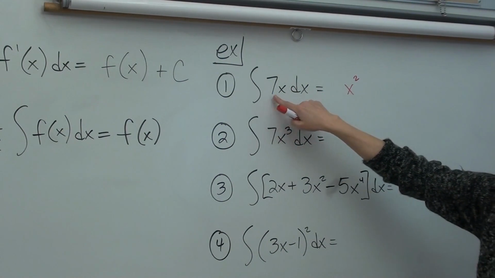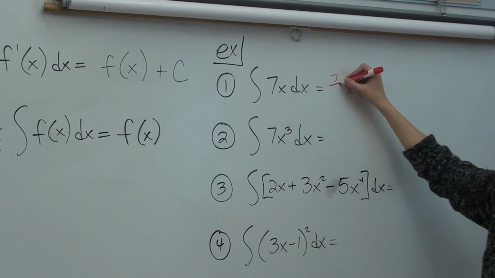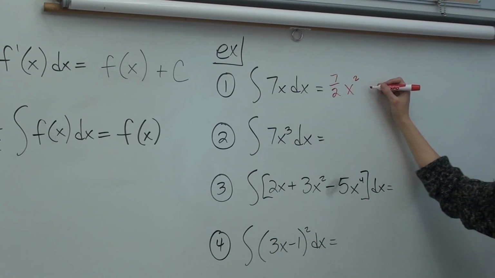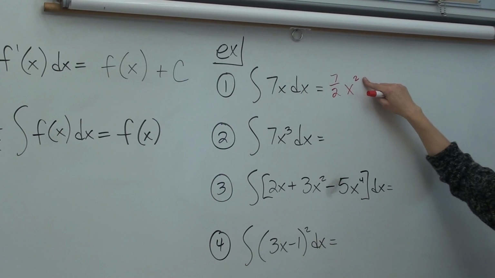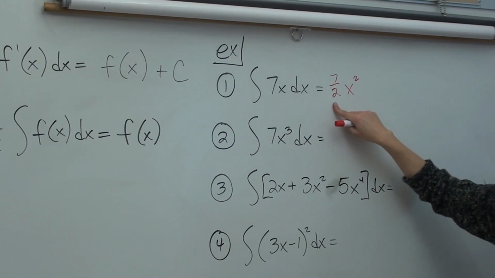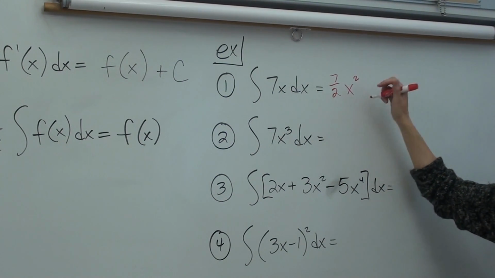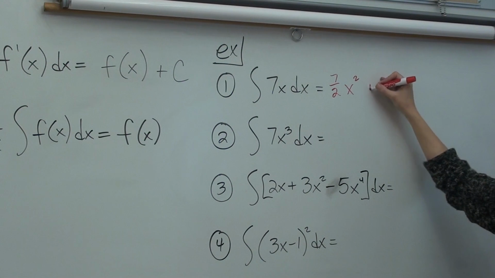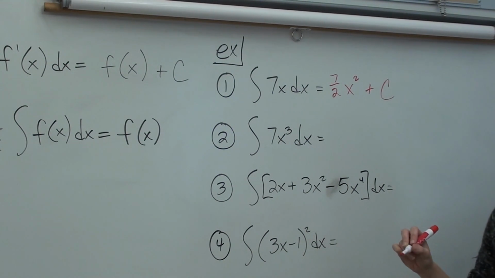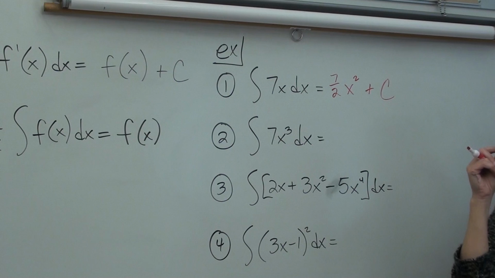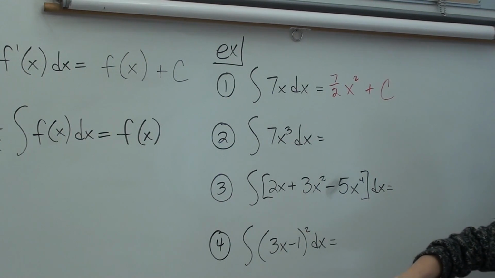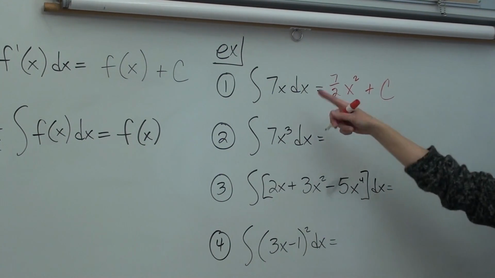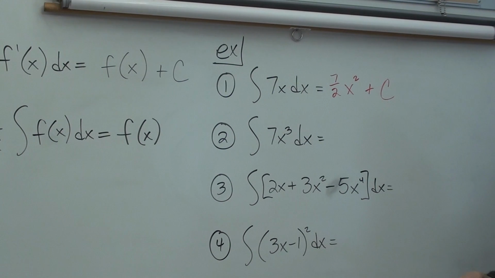So we're now going to have 7 halves x squared. And then, of course, you always write plus c. Raise the power by 1, divide by the power. Coefficients just come along, just like with derivatives.